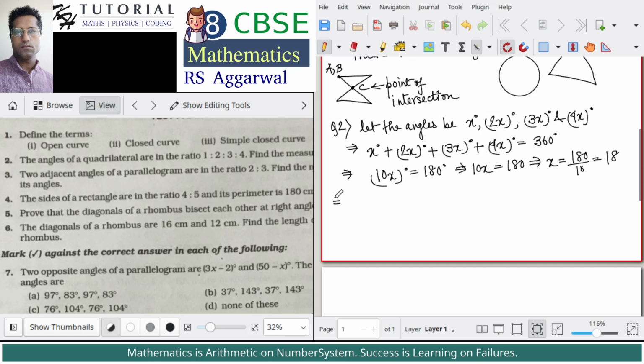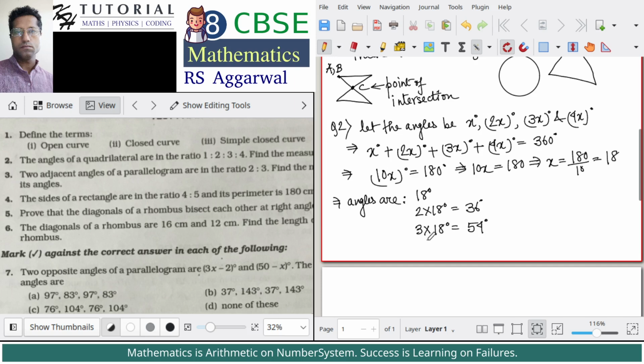So this implies the angles are: first will be x degree, that is 18 degree, and the second will be 2x degree, that is 2 into 18 degree, which is 36 degree. The third angle will be 3x degree, that is 3 into 18 degree, which is 54 degree.